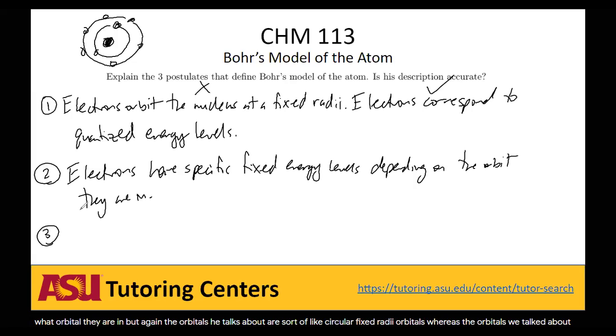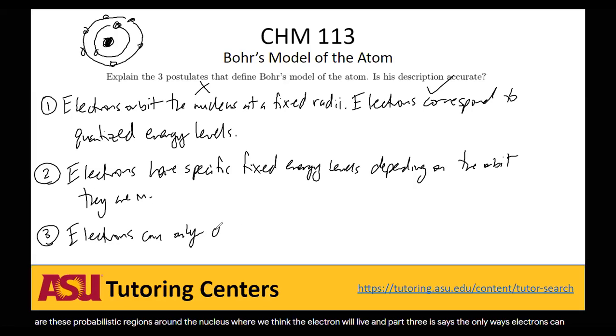And part 3 says the only way electrons can absorb or emit energy is by changing from one energy state to another. Electrons can only change energy by changing orbits.